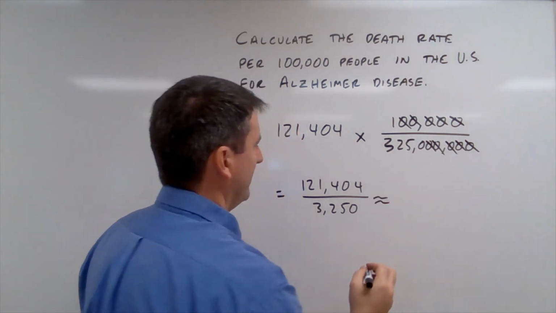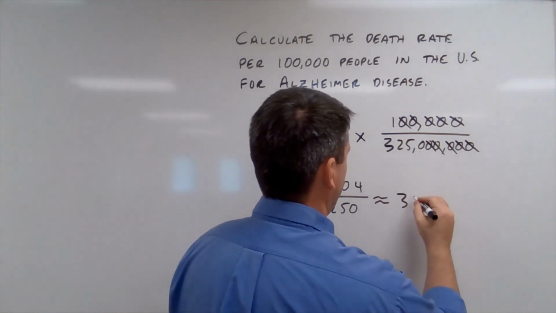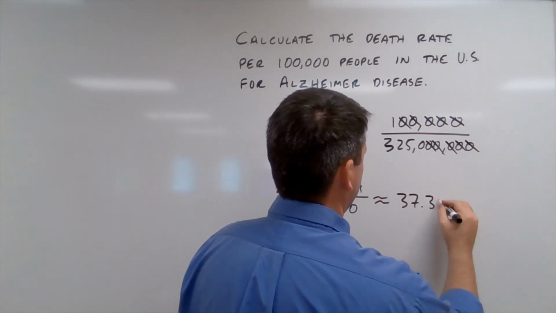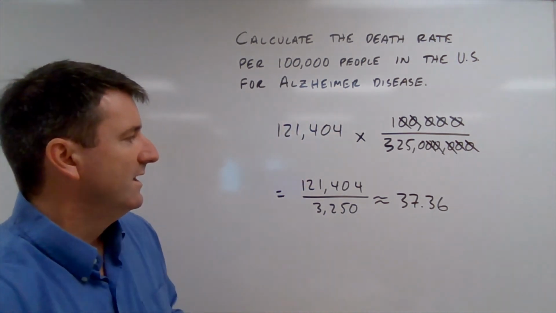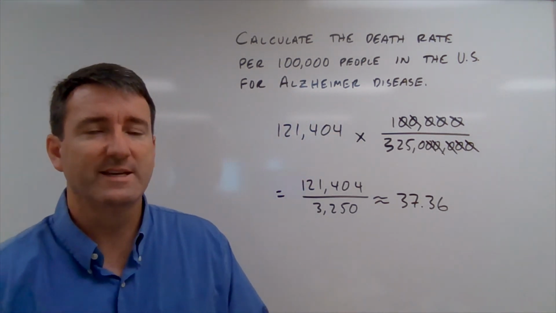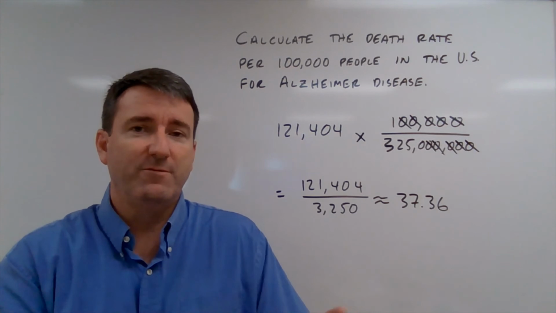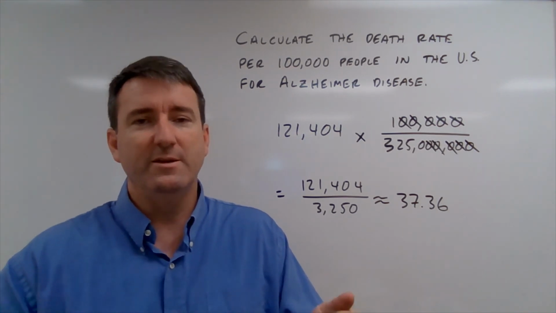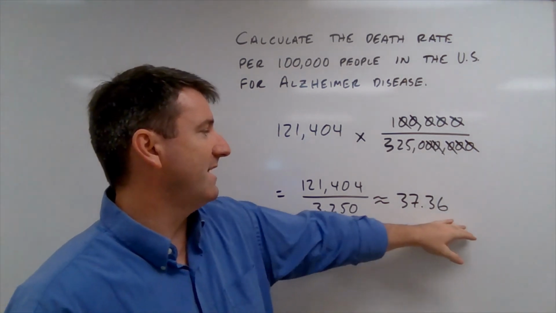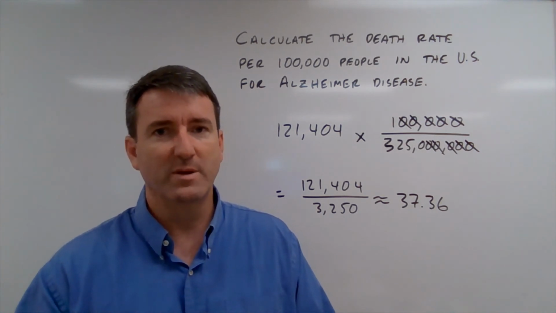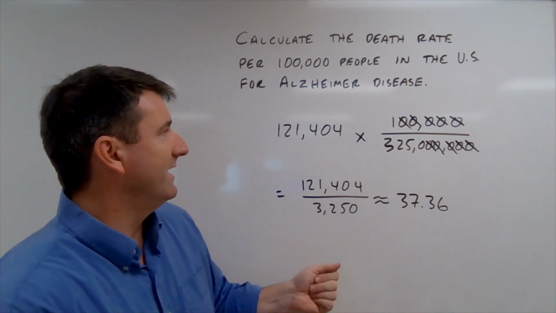That's going to be approximately equal to 37.36. So about 37.36 people for every 100,000 people in the United States, about 37.36 of them died of Alzheimer's disease in 2017.